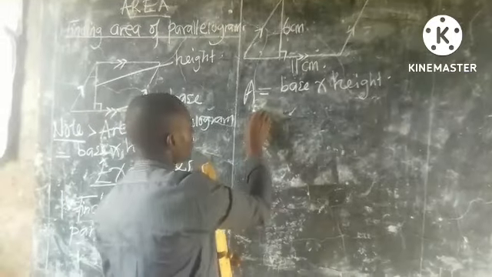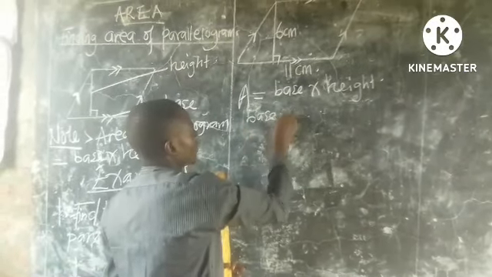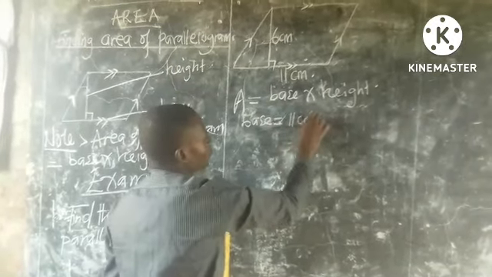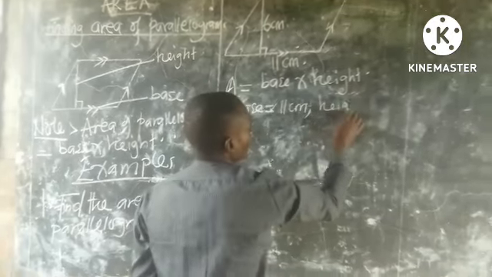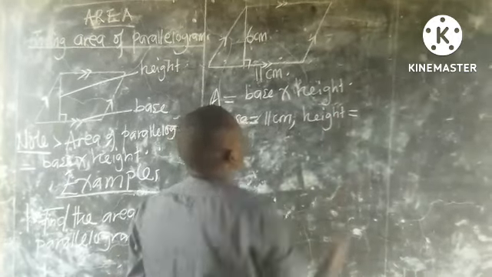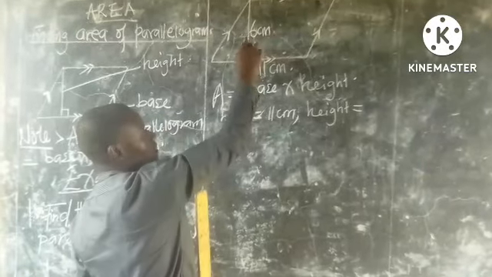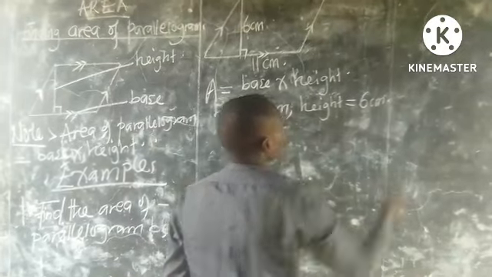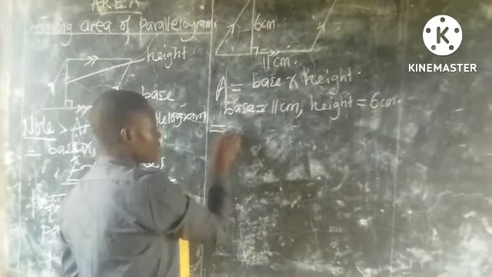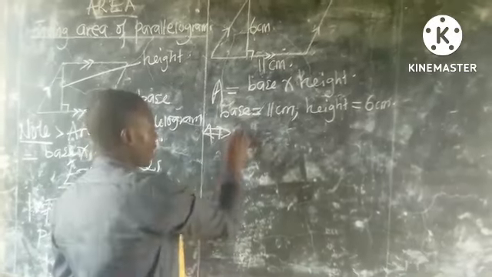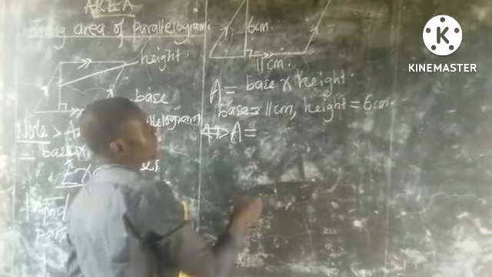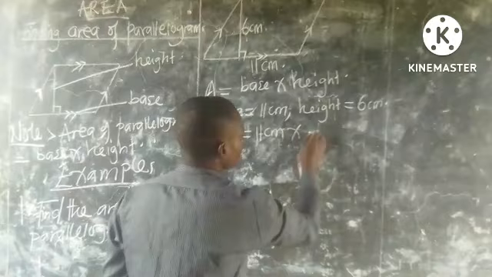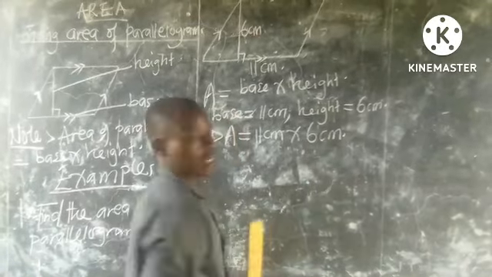So you have discovered your base, which is 11 centimeters. And then the height is given as 6 centimeters because we have discovered it by the 90-degree symbol. Therefore, our area of parallelogram equals base, which is 11 centimeters, times the height, which is 6 centimeters.